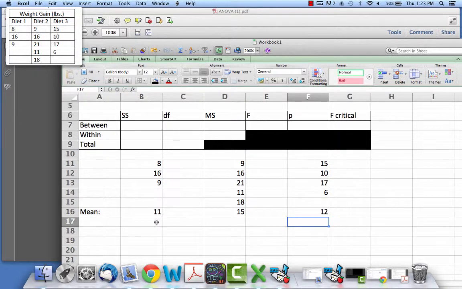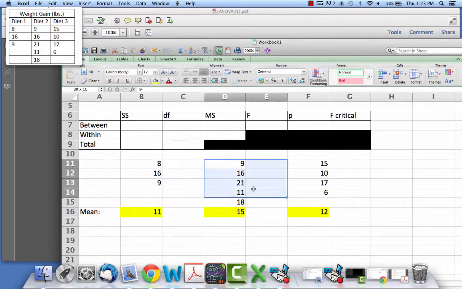All right, so there are all the means. So if I want to, I probably should give myself an extra column.